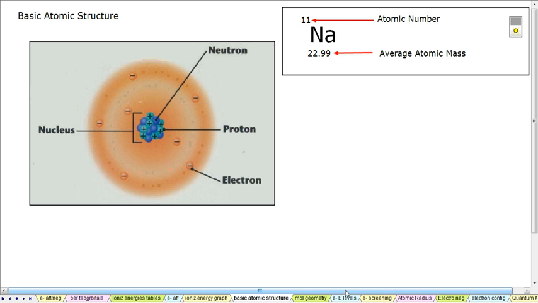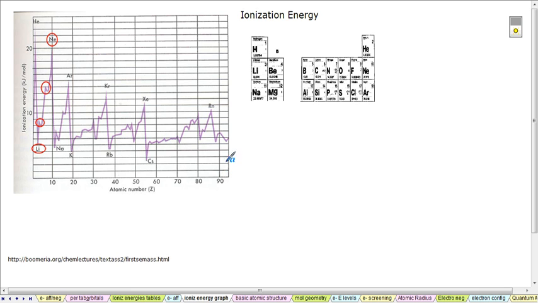But it doesn't show the complete picture of how atoms are designed. And we start to see some of these issues when we begin looking at some of the data generated for elements, and one of the properties we talk about.